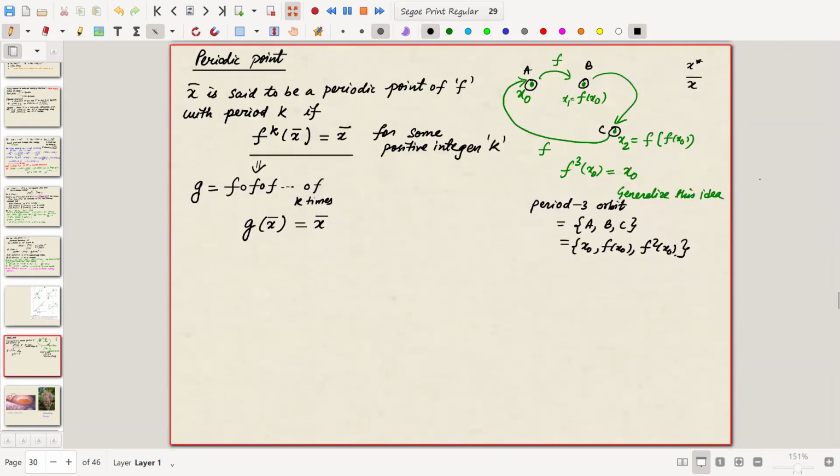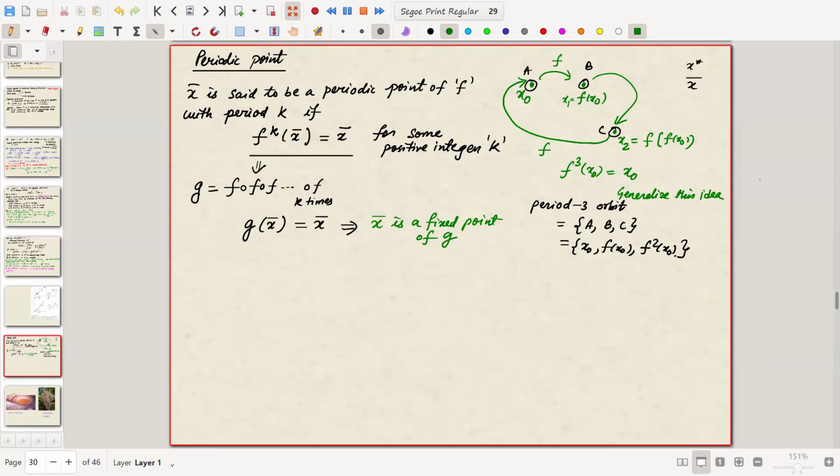Now, can you let me know, is this reminding you of something? This is implying that x bar is a fixed point of g, isn't it?